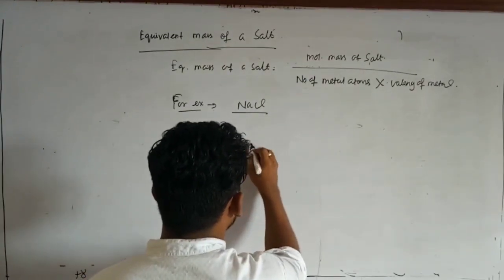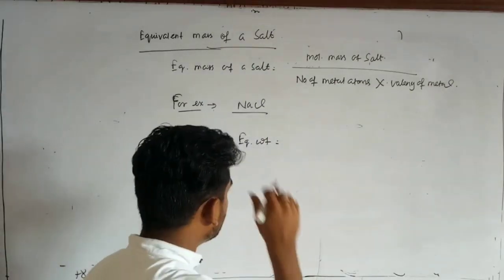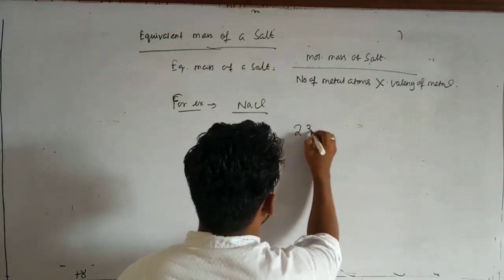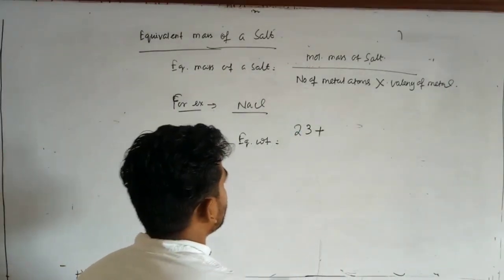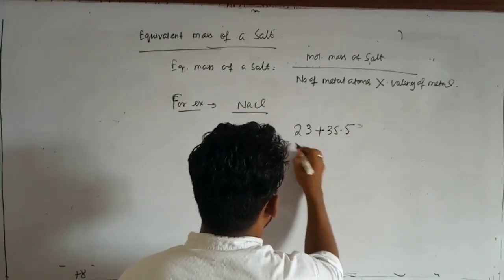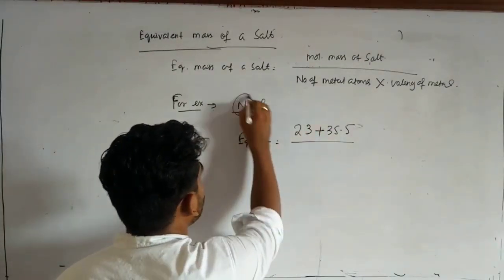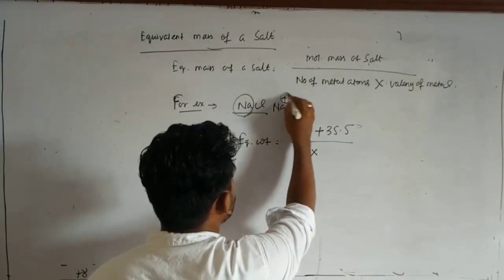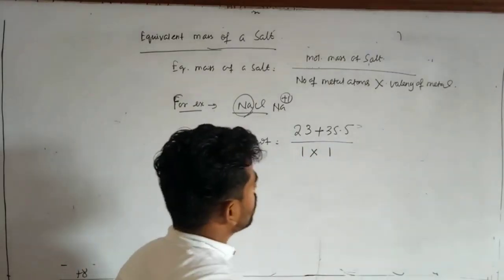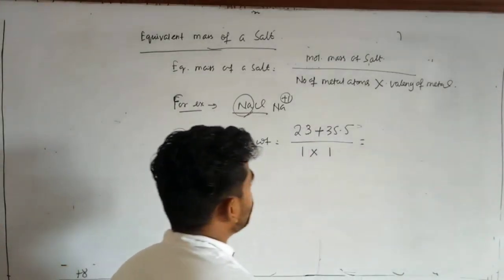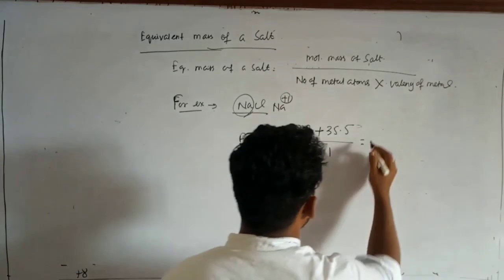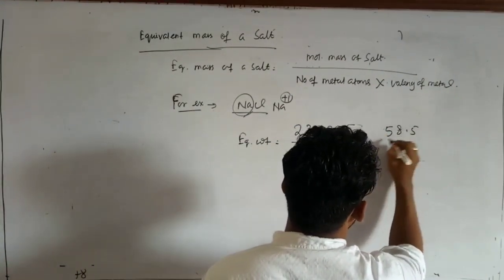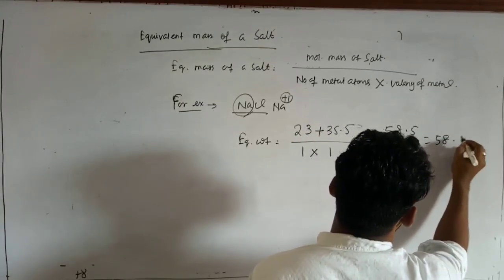Equivalent mass is equal to the molecular mass of NaCl, that will be 23 sodium atomic weight, and chlorine 35.5, divided by number of metal atom 1 into valency of sodium. Na plus, valency 1, so that will be 1. Just add these two, 58.5 by 1, that will be equal to 58.5.